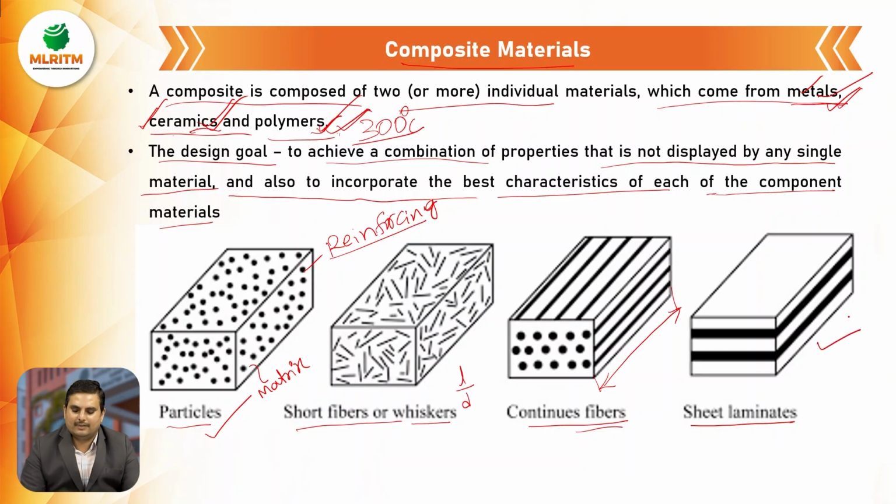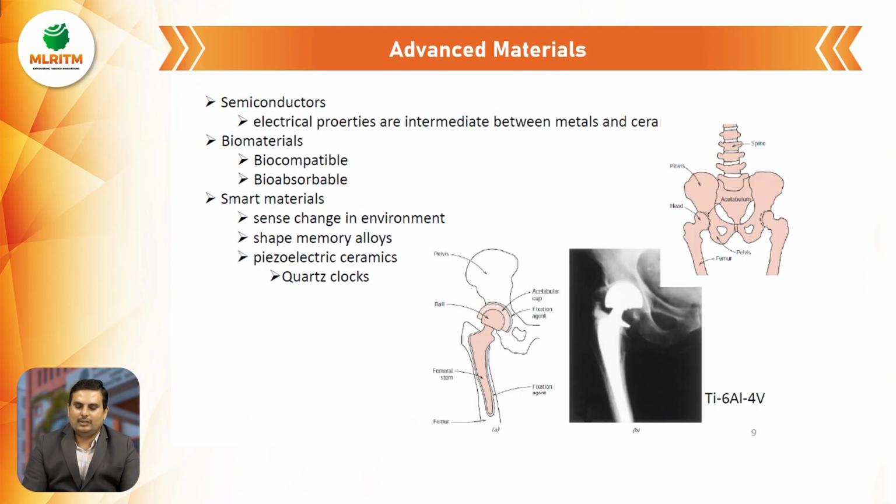Till now we discussed different materials such as metals, ceramics and polymers. The combination of these is called composite materials.